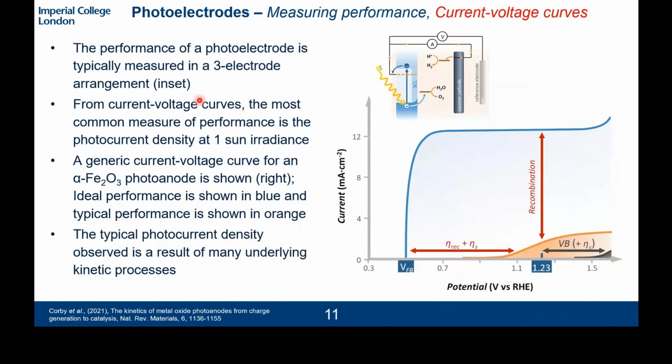So how do we study the performance of these materials? We typically use a 3-electrode cell, an arrangement shown here, where we have the working electrode where you place your photoelectrode, and a counter electrode. Typically people use platinum. It depends on the chemistry that you're doing.